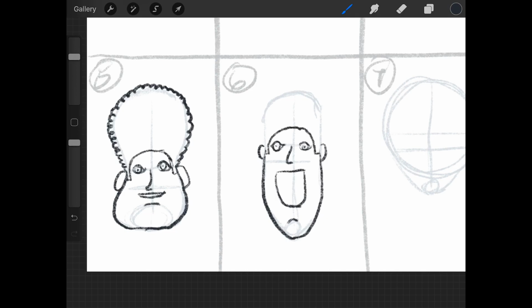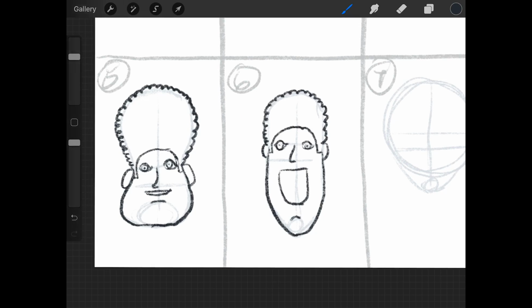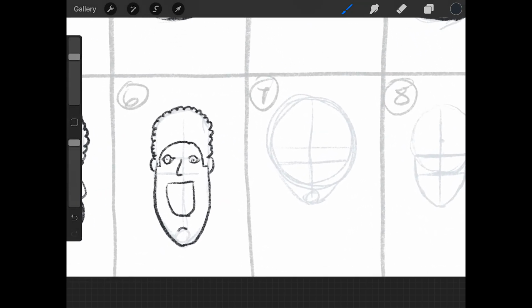Hairline. Hair. Really big mouth. All right, number 7. Here we're going to have a really tiny mouth. Or at least a really tiny chin.